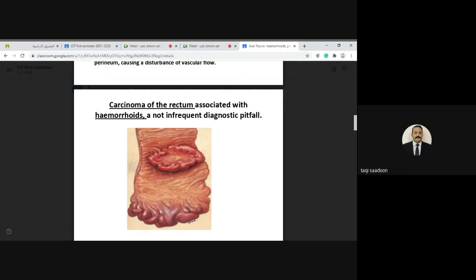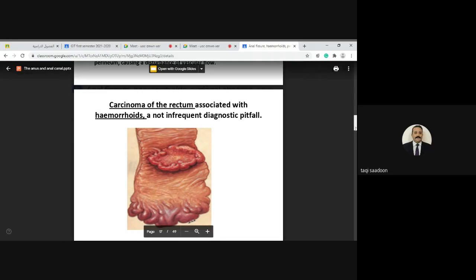If you palpate it, you can treat it after proper further investigation by sigmoidoscope, biopsy, staging of the tumor, and proper surgery to prevent recurrence. But if you don't put your finger and exclude this rectal tumor, the patient will have metastasis and advanced tumor beyond treatment, beyond cure. Is that clear, students?